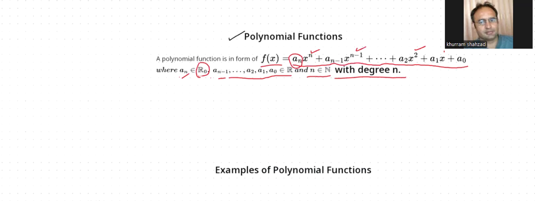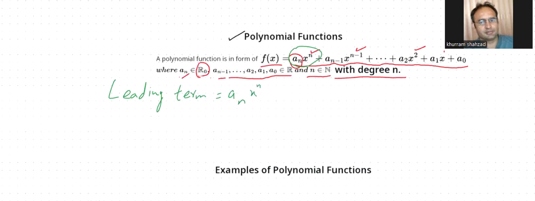So this a n x raised to power n, the first term, is called the leading term of this polynomial f of x. Leading term. So what is the leading term? This is a n x raised to power n. This is the leading term of the polynomial.